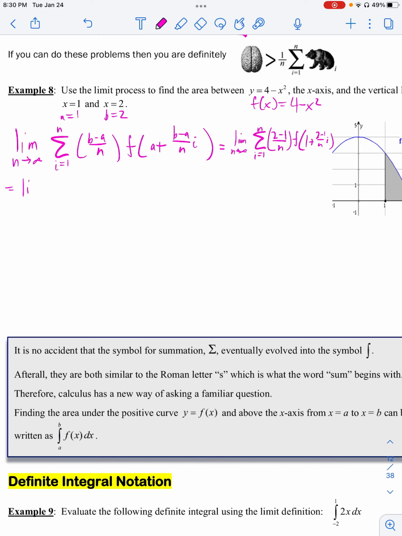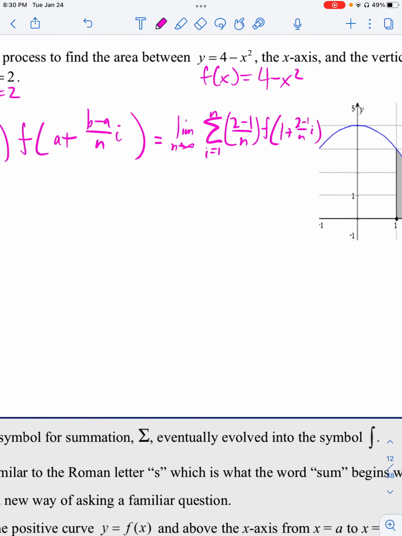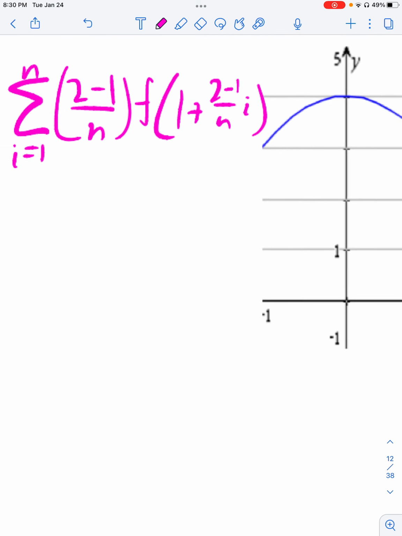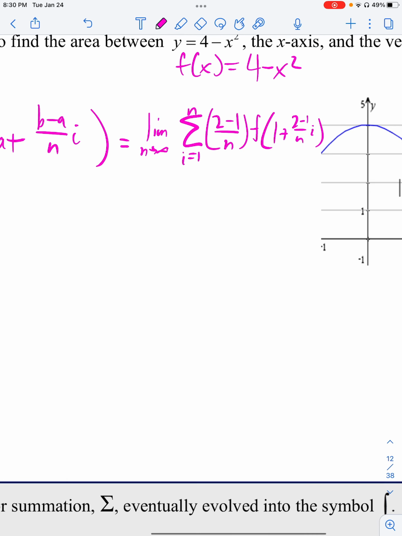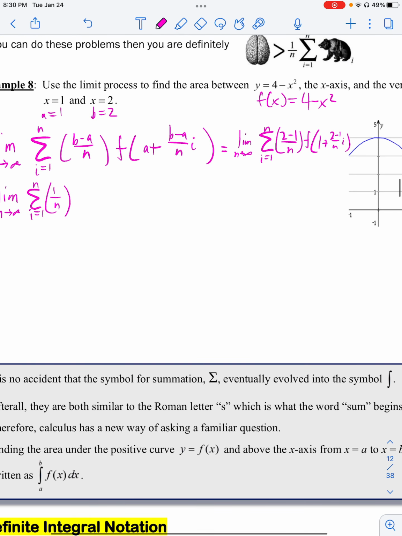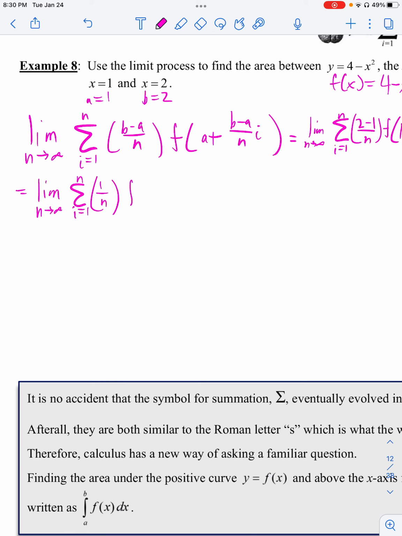That simplifies to 1 over n times f of 1 plus 1 over n times i.